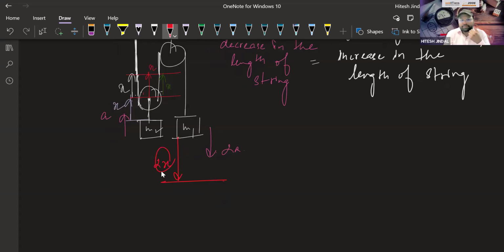Correct? The system is such that M2's movement by a distance x is decreasing the length by 2x. So M1 has to move 2x down. So that's why if the acceleration of M2 is a, the acceleration of M1 is 2a. That's the double of that. Got it?